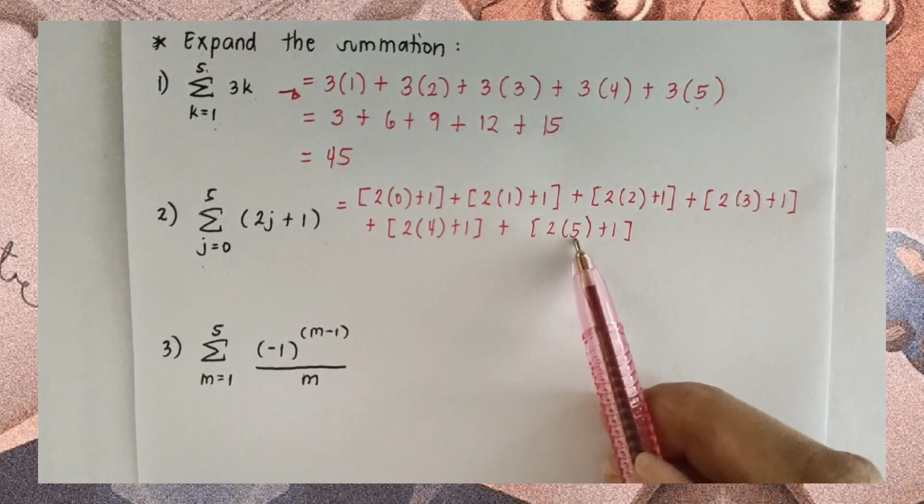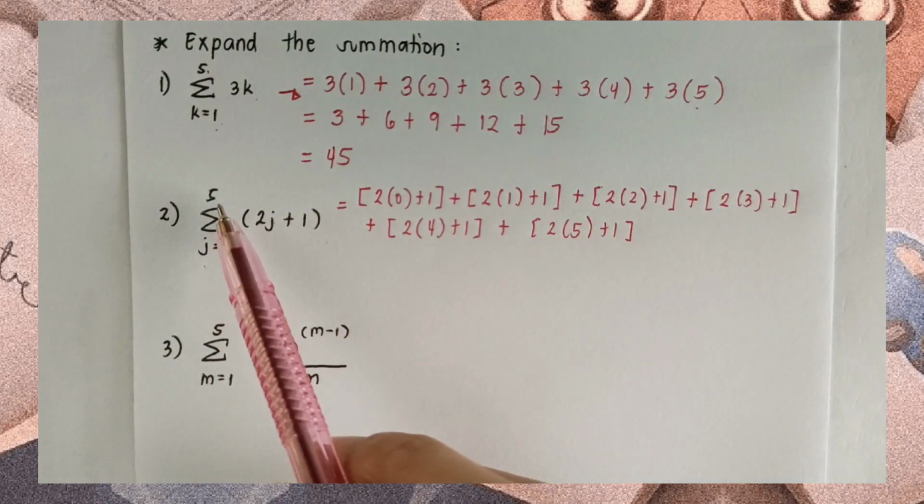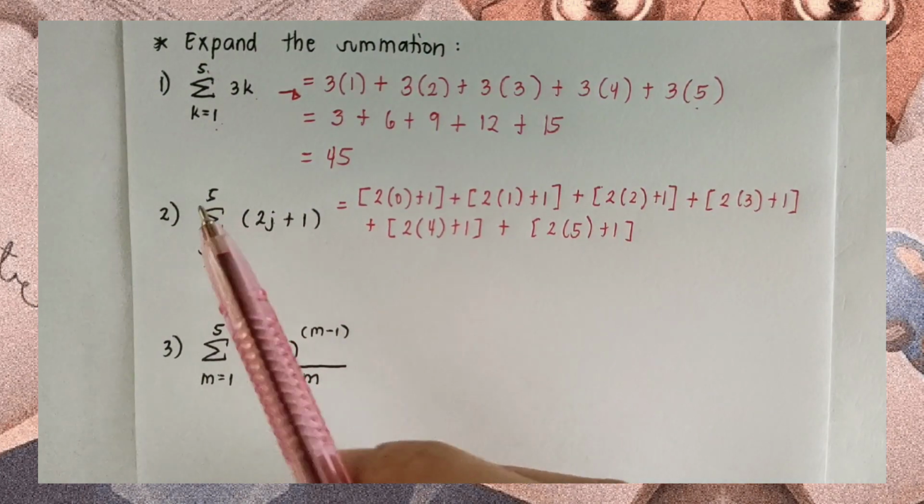We will now stop at 5 since this is our stopping point or the upper limit.